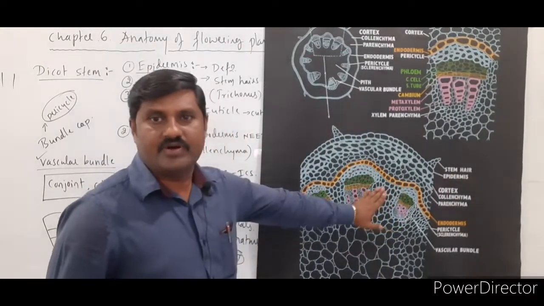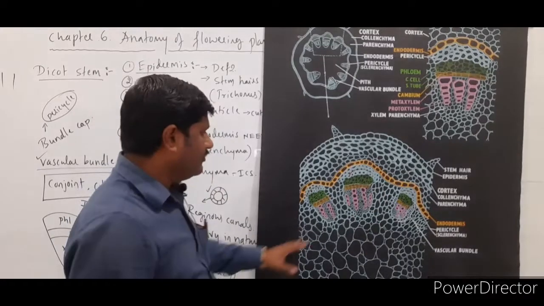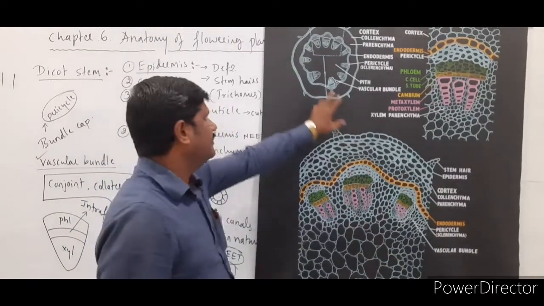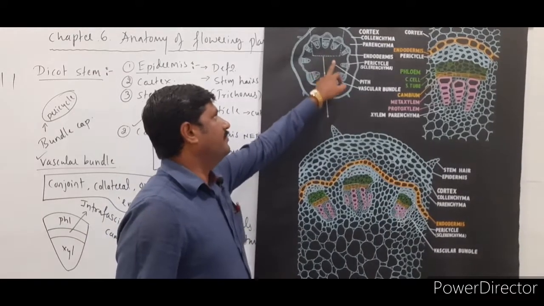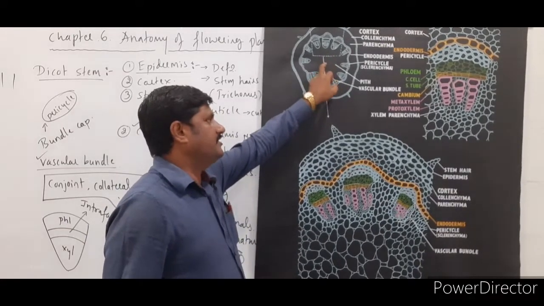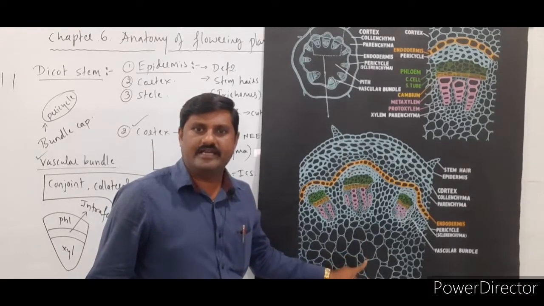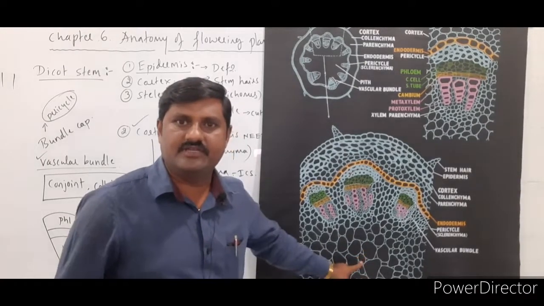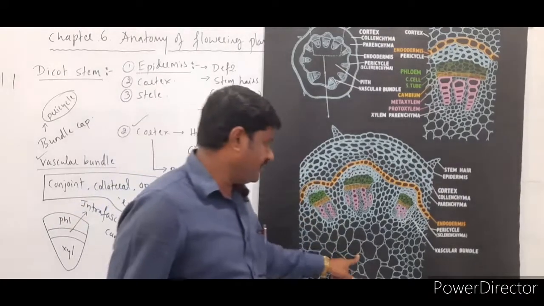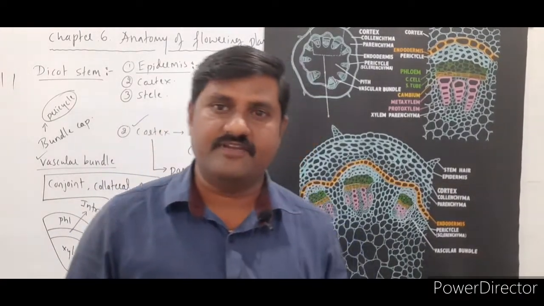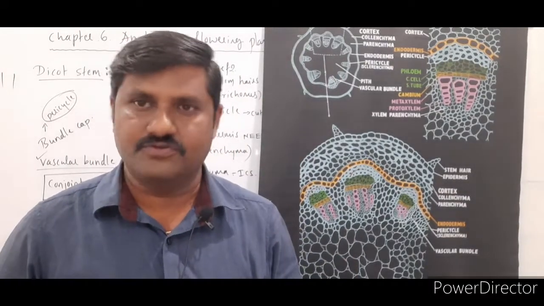So more important aspect. And one more thing is the pith portion. At the central axis, you will find a large pith over here, and this pith is made up of parenchymatous cells. Loosely arranged parenchyma tissue is seen over here, and this pith is, majority of the time, meant especially for the storage of food material.